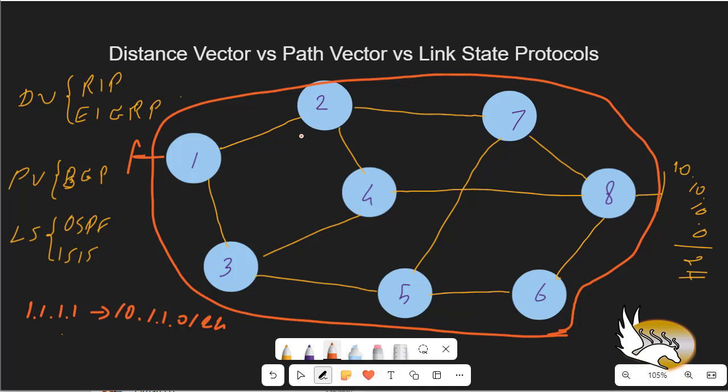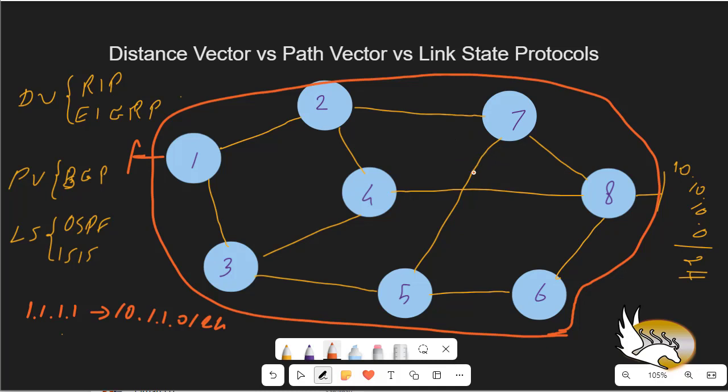Any router which is receiving this information is going to be responsible to send this information to its neighbors, which are in the same area, in full. Which means that router 7 is going to know that there is a router 1111 in the network, which is connected to 10.1.1.0.